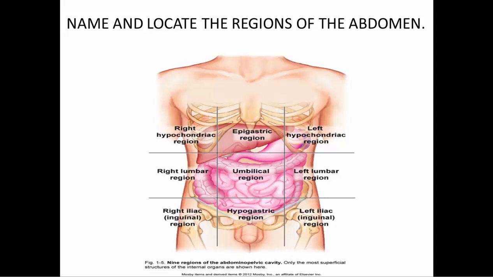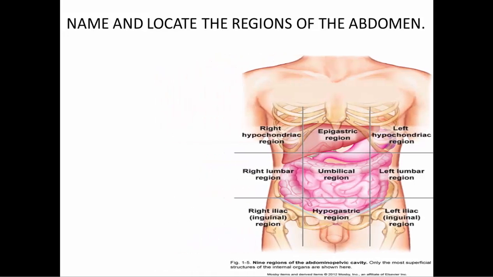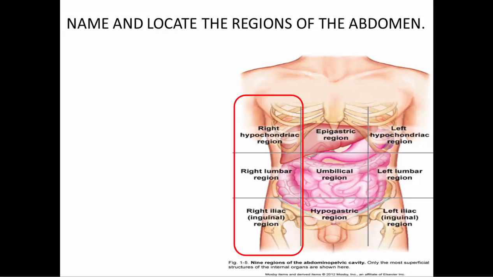Some of the names here look somewhat tricky, but again, we want to look at some strategies to remember these terms. So let's move the body off to the side here, and let's get our bearings to the abdomen. Whenever we're looking at an image of a body, one thing we need to remember is that the right side of the body is actually on our left side, because the individual we're looking at is the opposite to us.